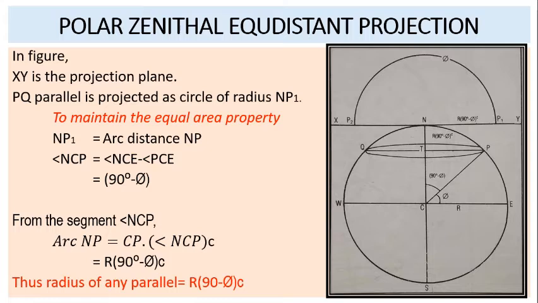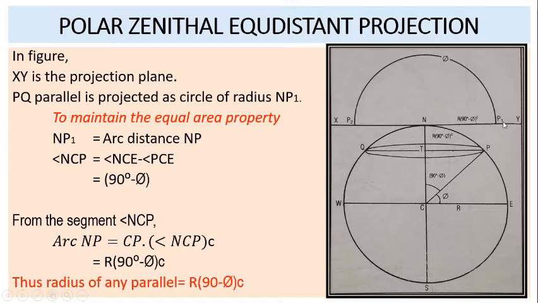In the figure, XY is the projection plane. The PQ parallel is projected as a circle of radius NP1, that means P is projected on P1.